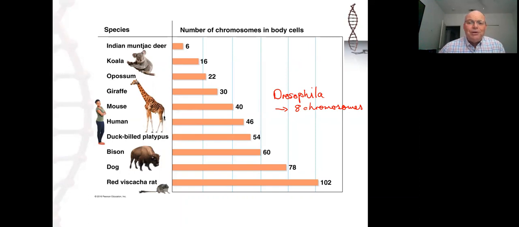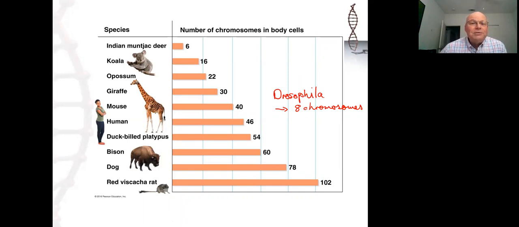Humans have somewhere between 21 and 23,000. And I don't think anyone would argue that a human is far more complicated than a Drosophila. And yet the difference between the number of genes is rather small, comparatively speaking. It's all about what you do with those genes.